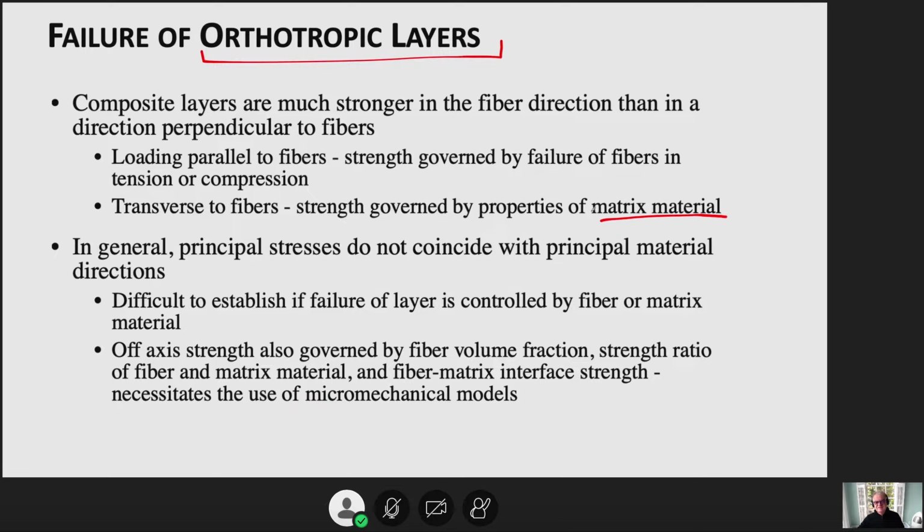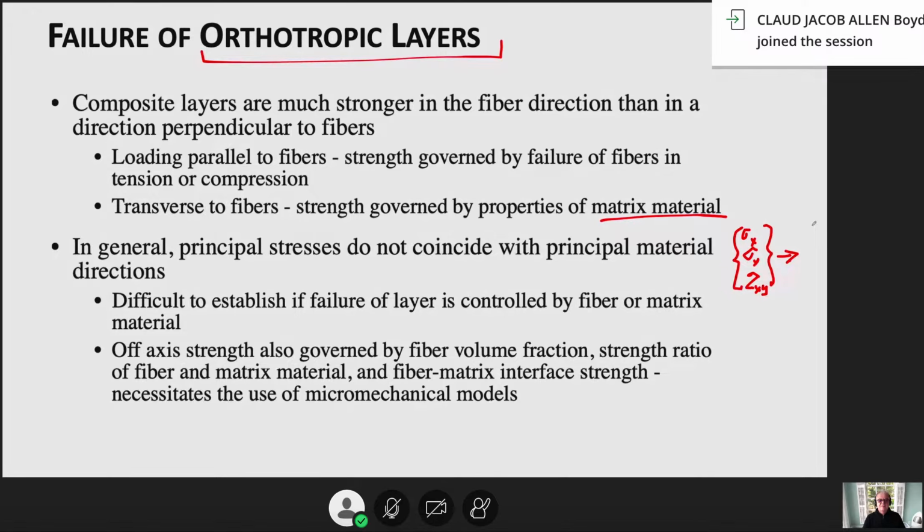If you do stress analysis from given sigma x, sigma y, tau xy, obviously, just like isotropic materials, you can go ahead and find from this the principal stresses, sigma 1, sigma 2, tau 1, 2. But for us, they are useless. They do not typically coincide with the fiber direction.